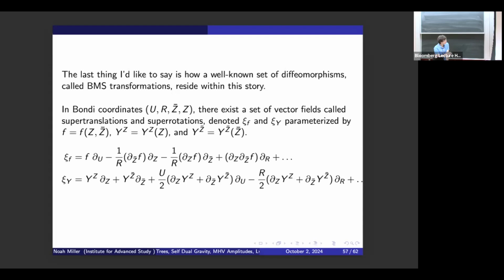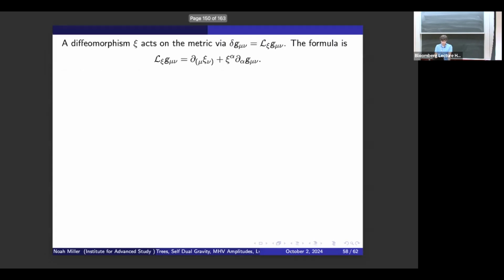The form doesn't matter. I just wanted to show that these are spacetime vector fields: the super translations are parameterized by a function f, and super rotations are parameterized by a vector field y. A diffeomorphism then acts on a metric using this standard formula.